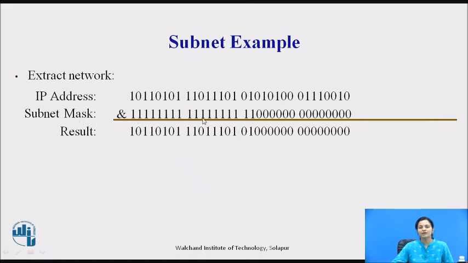Here 255, and then 128 plus 64. So that much masking will be there, and I'm putting the 1s, and whatever I'm finding up to this, you can see 8, 8 and 2.